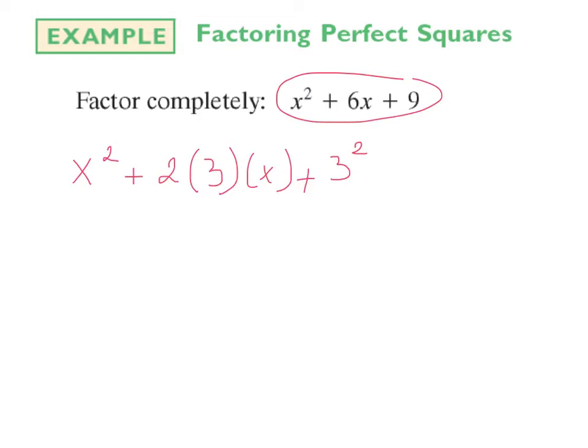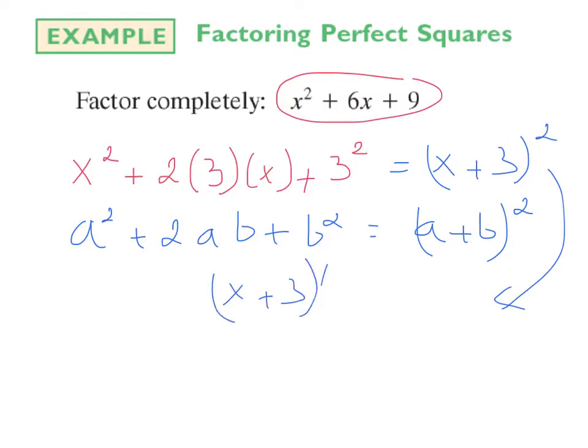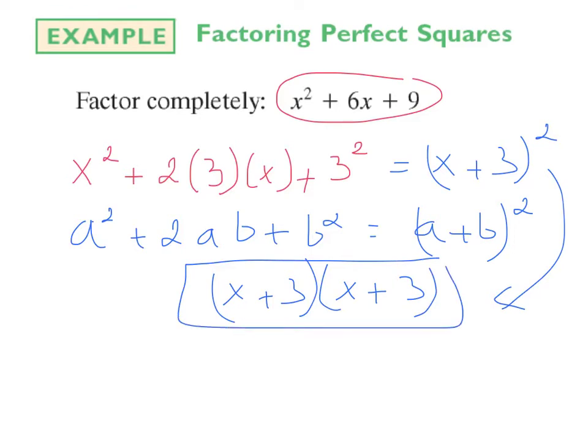This is the same thing as a squared plus 2ab plus b squared, which is equal to a plus b squared, and that would be equal to x plus 3 squared, which is x plus 3 times x plus 3. This is one way.